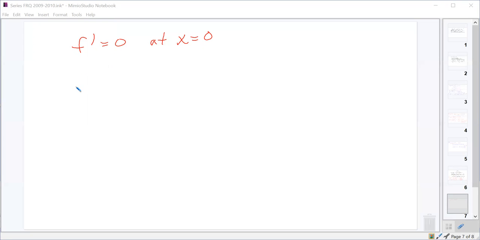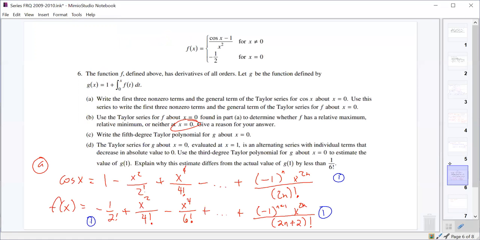So let's look at what f double prime of 0 is. If f double prime of 0 is positive, we should have a min. And if f double prime is negative, we should have a max. So how do we figure that out? If we go back over here, what should f double prime at 0 be?